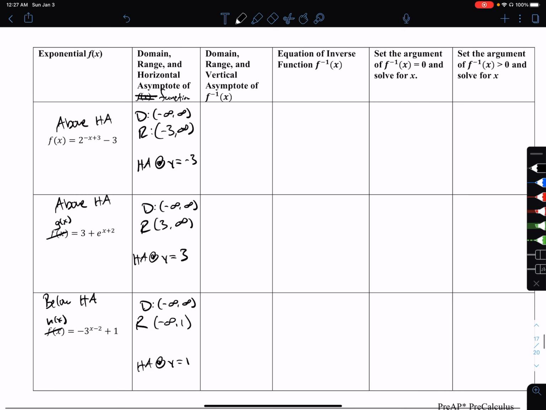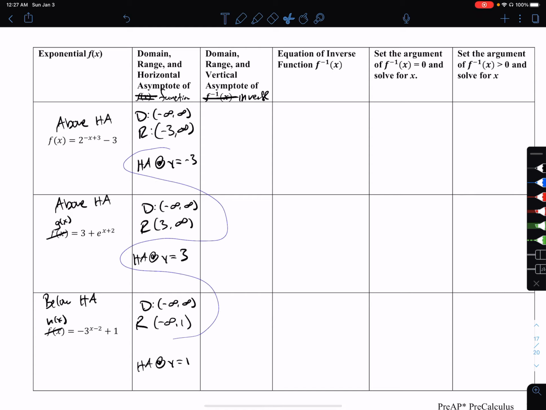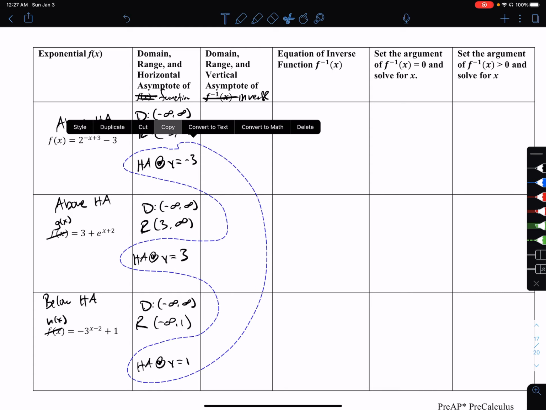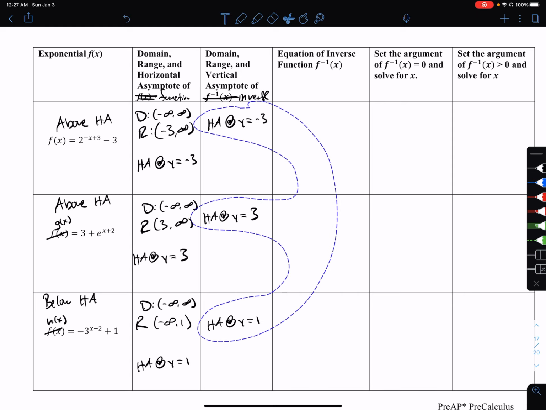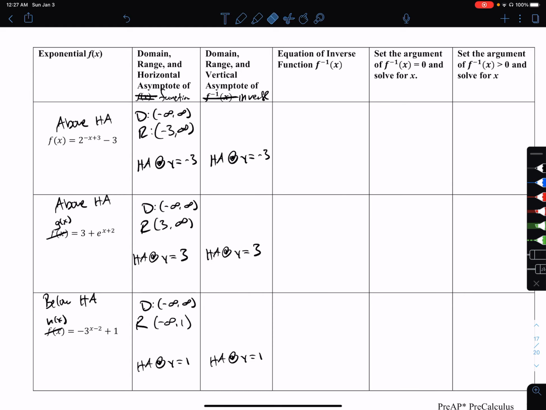Now, what's the domain, range, and vertical asymptote of the inverse? Well, this is pretty simple. If there was a horizontal asymptote at these places, first of all, that is going to change to a vertical asymptote.